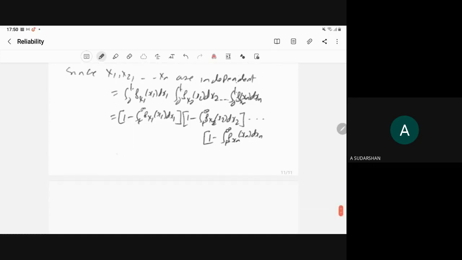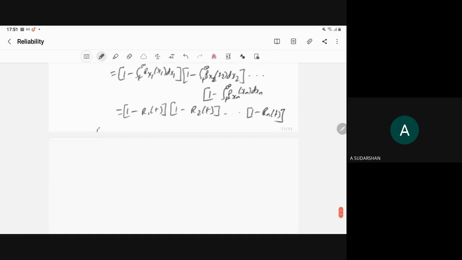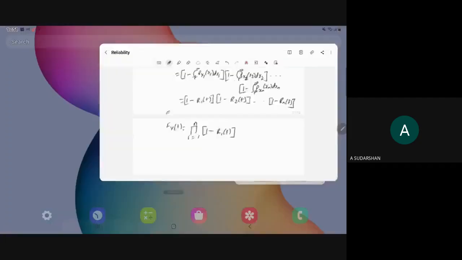And what is this? 1 minus R1(t), 1 minus R2(t), 1 minus Rn(t). And so FY(t) is nothing but the product i from 1 to n of 1 minus Ri(t). So that is the CDF of the series system.